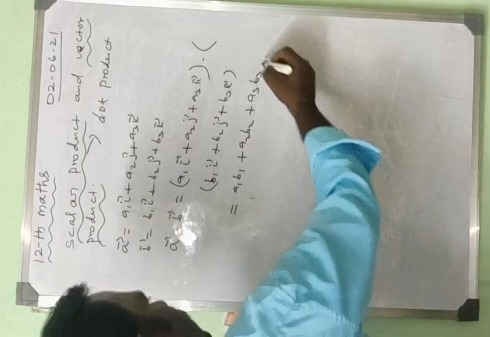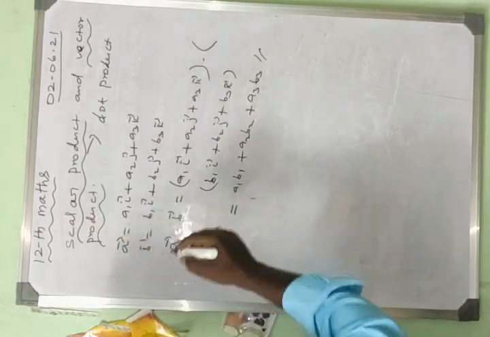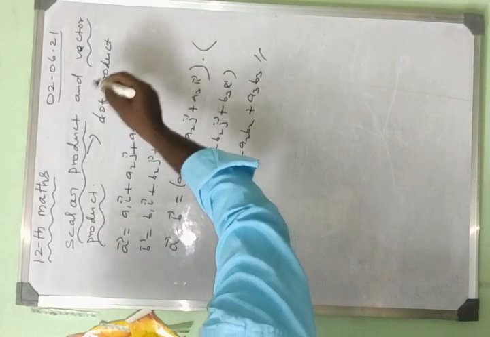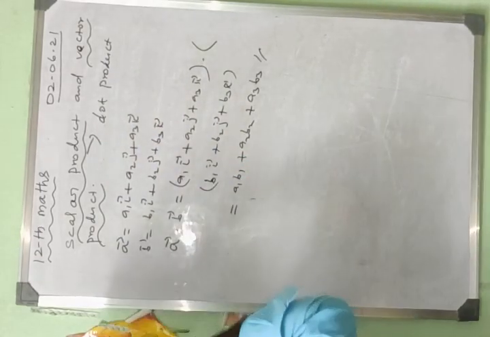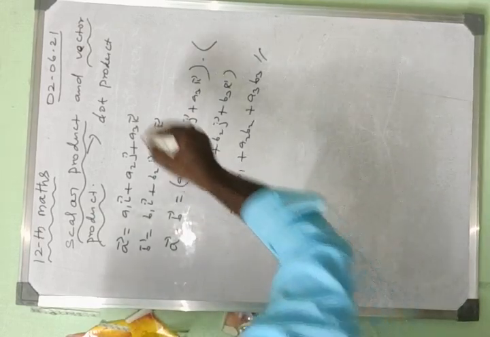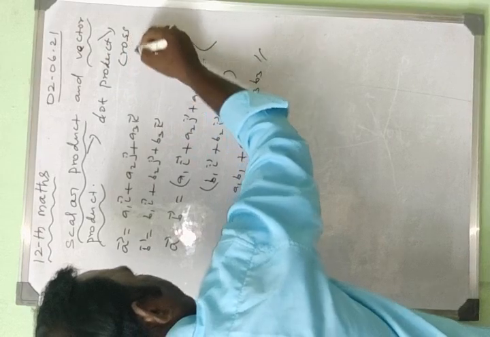So vector A dot vector B is equal to A1 B1 plus A2 B2 plus A3 B3, like this. Then next, how to find the cross product? Vector product or cross product, same meaning.